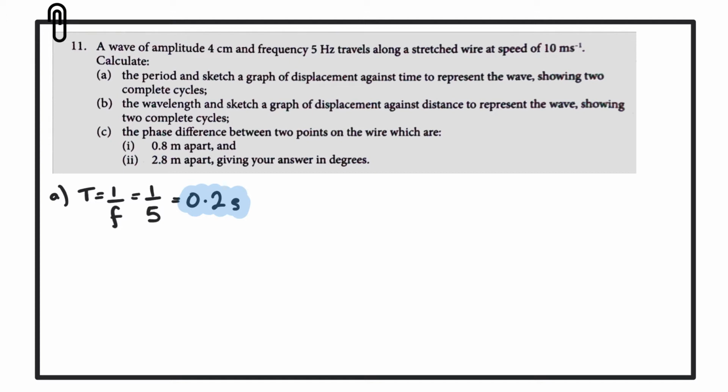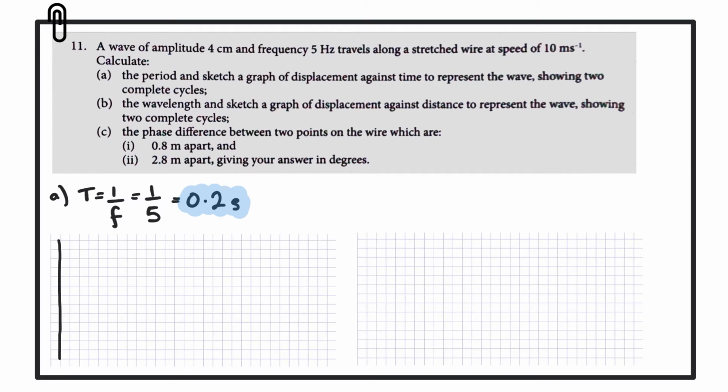Now we're being asked to sketch 2 full complete cycles on a graph of displacement against time. So let's first sketch out the axes and sketch 2 full wave cycles. At the moment, I haven't drawn the actual wave in, but what I have done is identify some of the key points on the graph that I want to hit whenever I'm sketching out this graph.